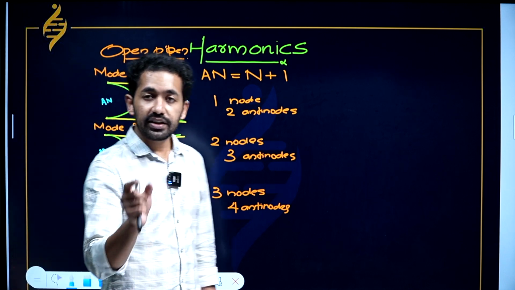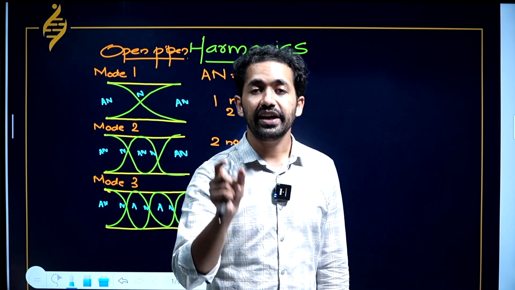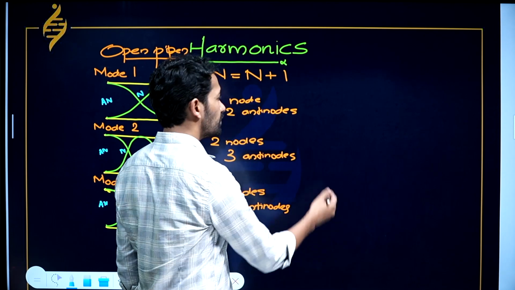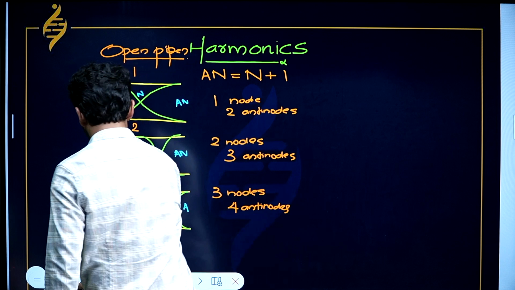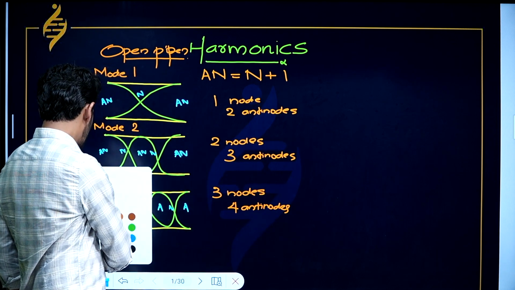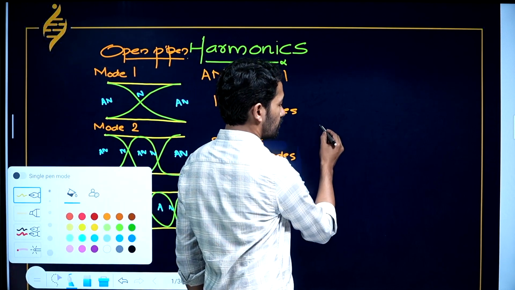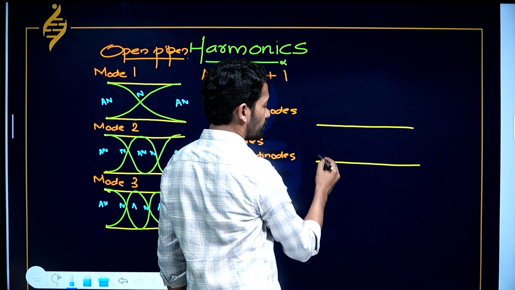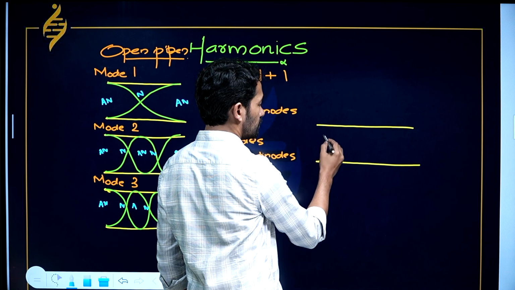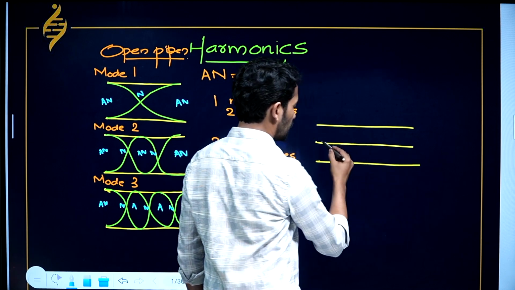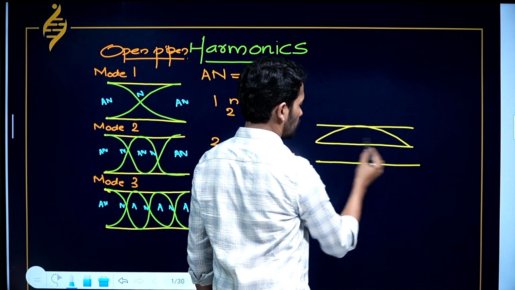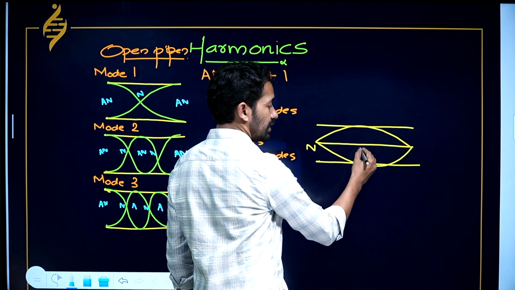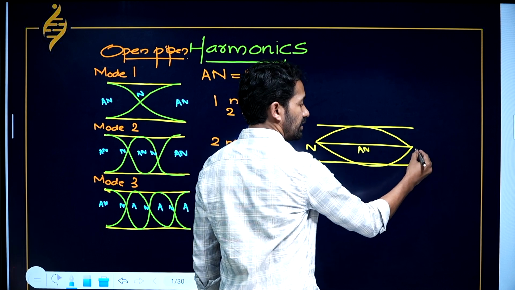Now let us see. You know that the distance between a node and an antinode is lambda by 4. Here this is a node, this is an antinode, and this is a node.